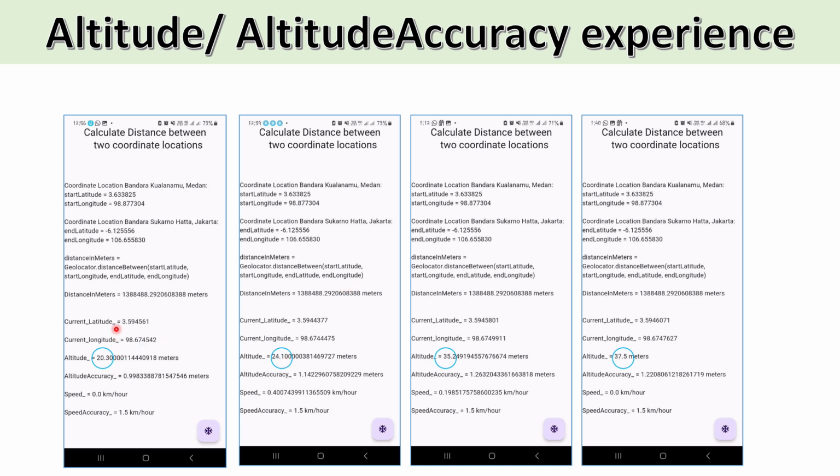So the distance from one level to the second level, we can calculate this one 24.1 minus 20.3. This is the distance from the first level to the second level, and so on.